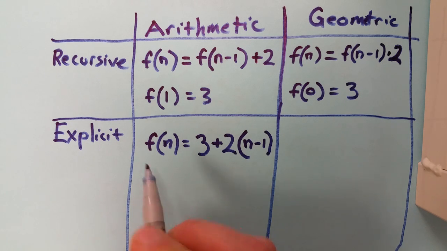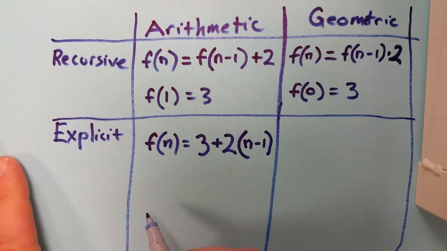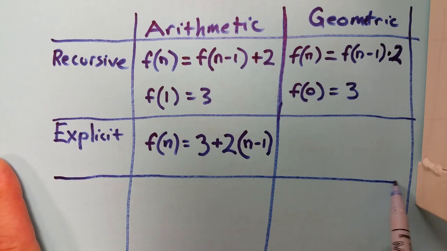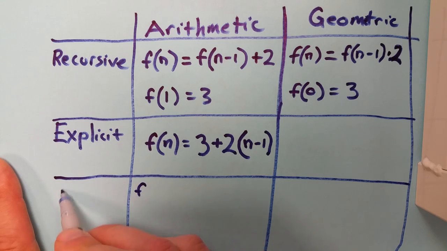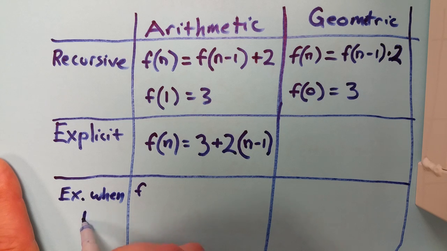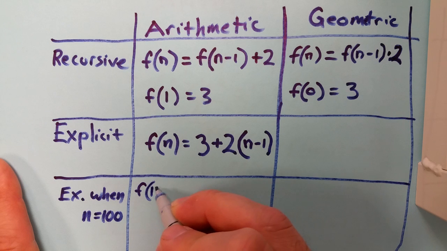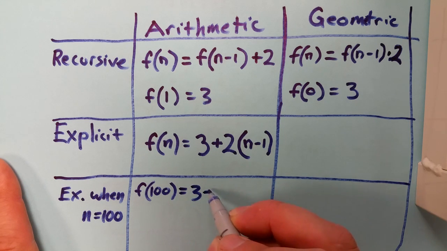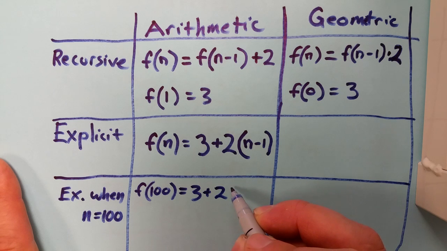Let's just find out how many push-ups you would do on day 100. This is an example. When n equals 100, f of 100 equals 3 plus 2.